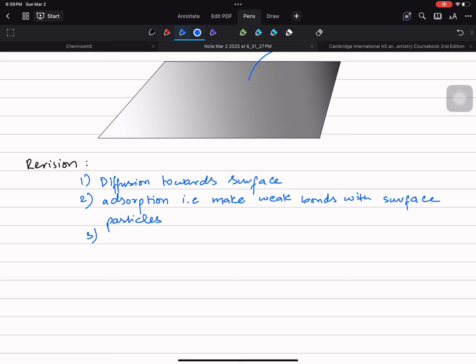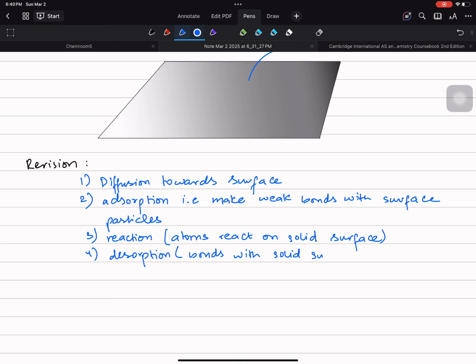Then stage 3 happens, where the reaction actually goes on. During the reaction, atoms react on the solid surface. They break their initial original bonds and make new bonds. In stage 4, desorption happens, which means the bonds with solid surface particles will weaken. So the bonds with solid surface particles that were made initially in the adsorption phase will now weaken.